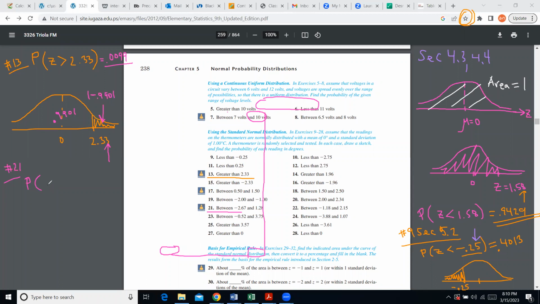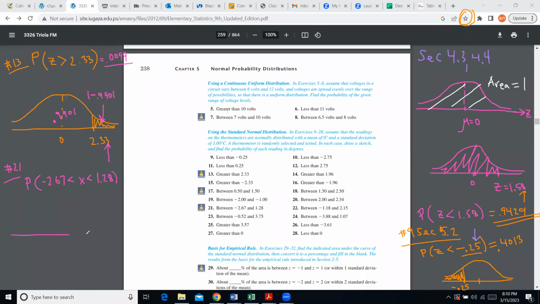So we're in between negative 2.67 on one side, and on the other side, it's going to be 1.28. So this way, I will try to get the area in between those two numbers. I will actually have to use my tables twice.